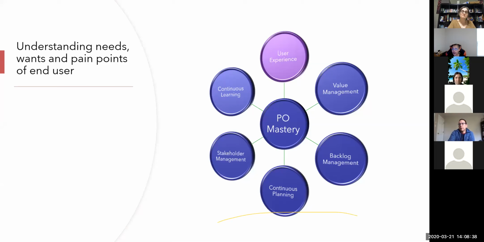I had a situation where the buyer needed a certain thing versus what the end user needed in order for them to even buy the product from me. So you need to understand that element as well, and how to balance user experience needs with all the other needs of technology, the business and the product itself. That's a key thing that product owners need. And who are you even selling this to?